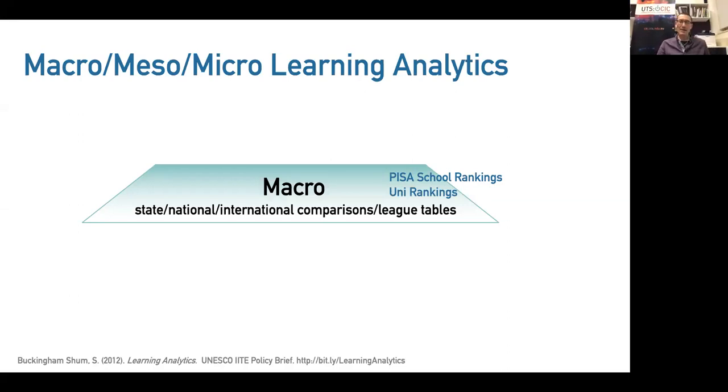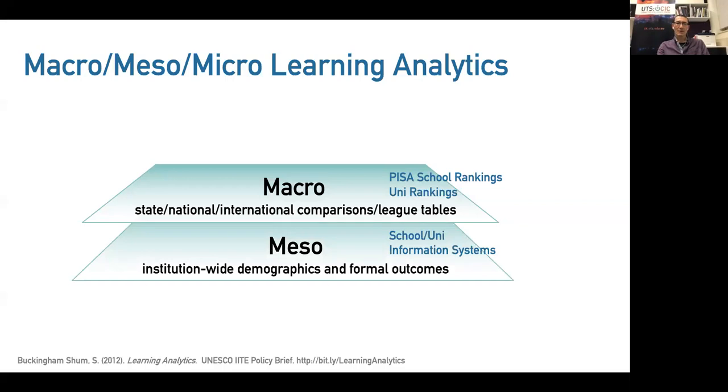At this level, we are dealing with fairly traditional educational data. The worlds of learning analytics and AI in education haven't really touched this layer yet, although PISA, of course, is starting to introduce some computer-supported collaborative problem-solving challenges into its infrastructure.